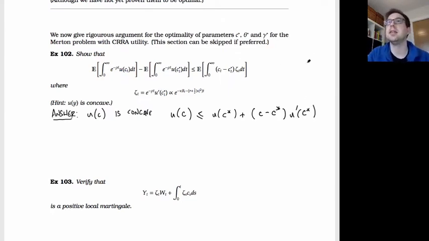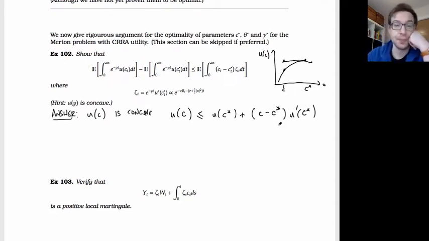That's essentially saying that if I take my concave function and I look at C star and I linearly interpolate it by taking the gradient here, then that is going to lie above the value of C. So if I had C star here and I plot u of C and I look at what happens when I take the line from C star to C, then it should lie above the curve. And so that is one way of defining a concave function.